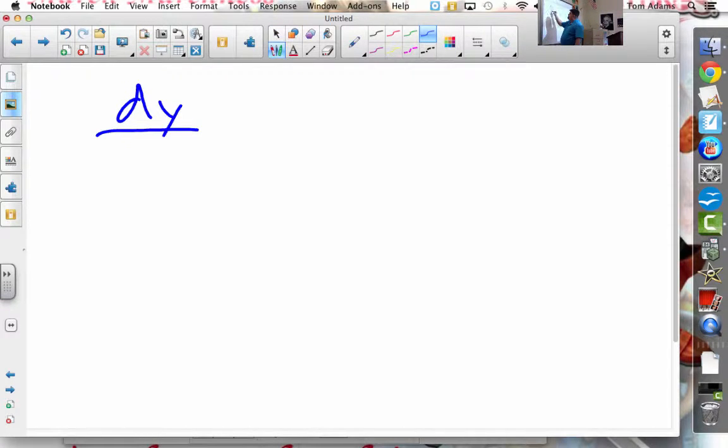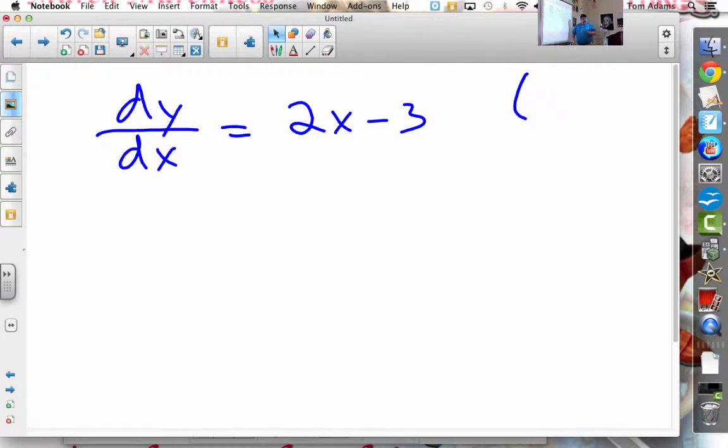Let's start with something simple. I've got dy/dx is equal to 2x minus 3, and this goes through the point. Well, give me a second.